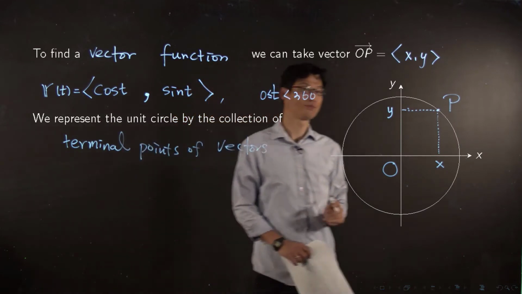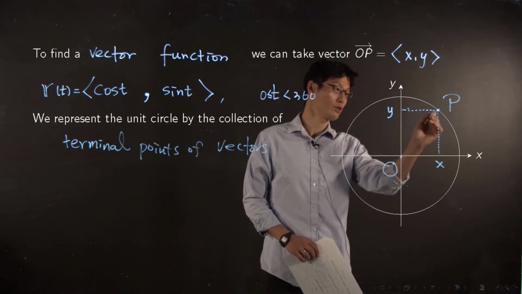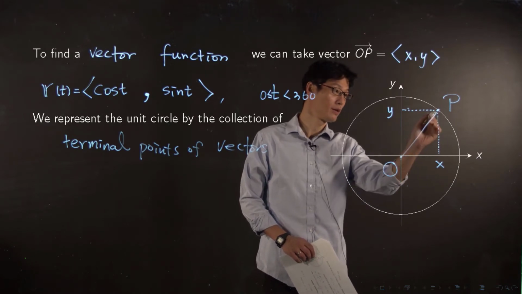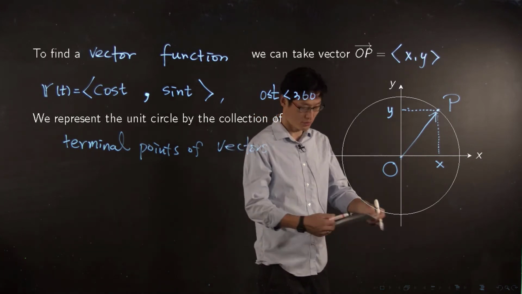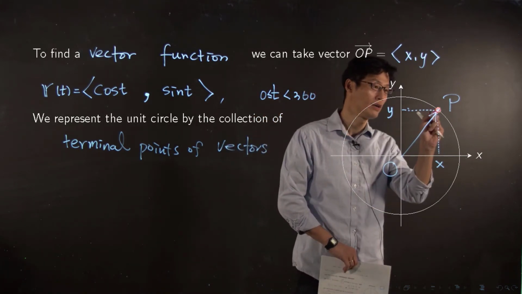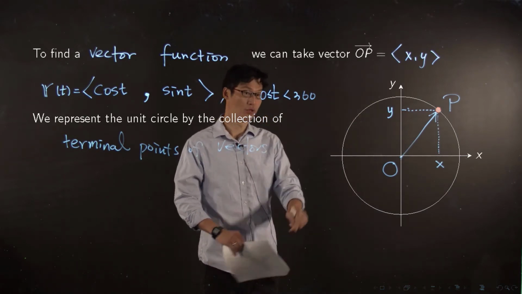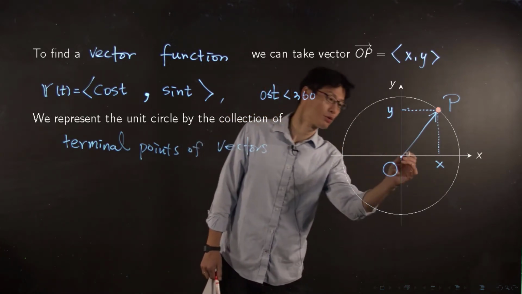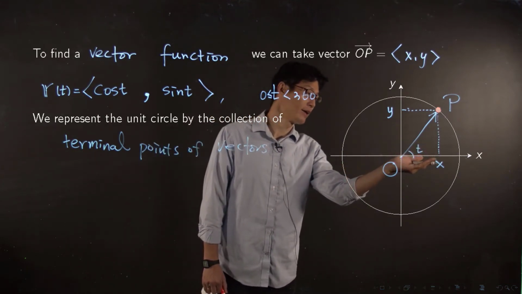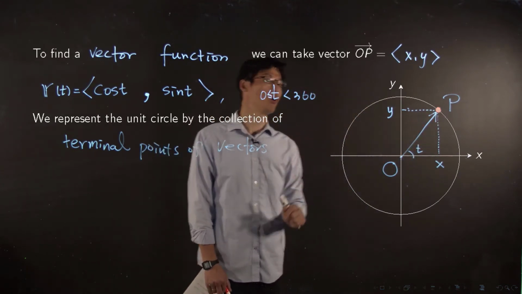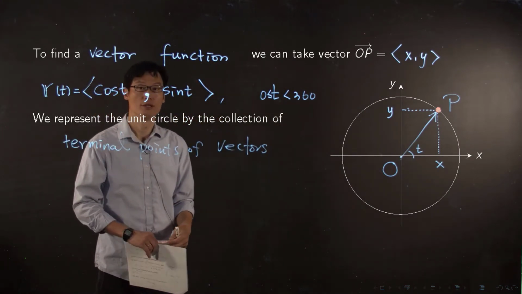So let me draw. We have vector OP like this. And to represent the unit circle, you can think of terminal points. So you let t be any number. So t is the angle. You let t be any number, and then you collect all the terminal points of such vectors. Then you will represent the unit circle.